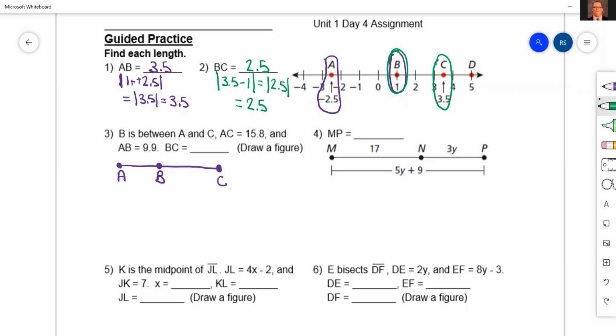Now, the next thing it tells me, A to C is 15.8. A to B is 9.9. What is B to C?